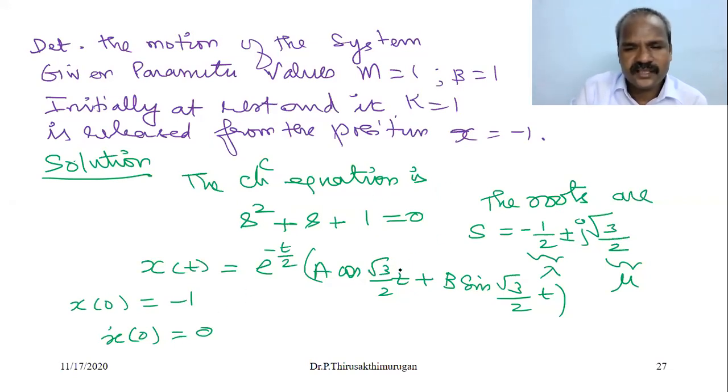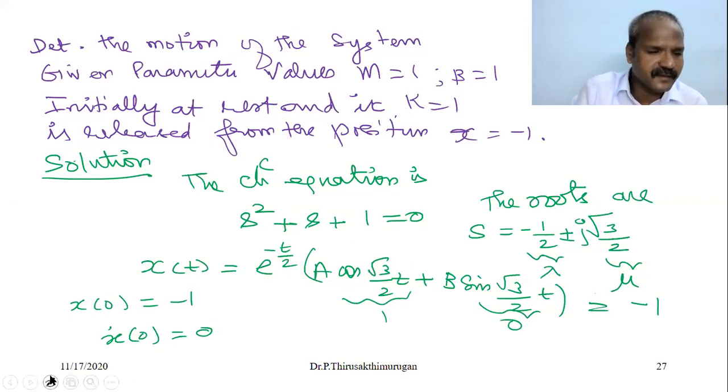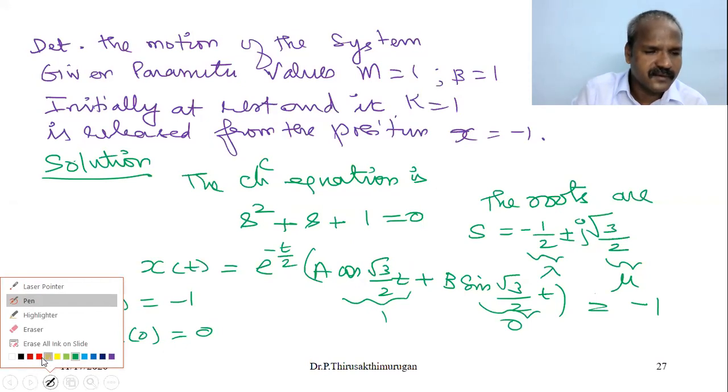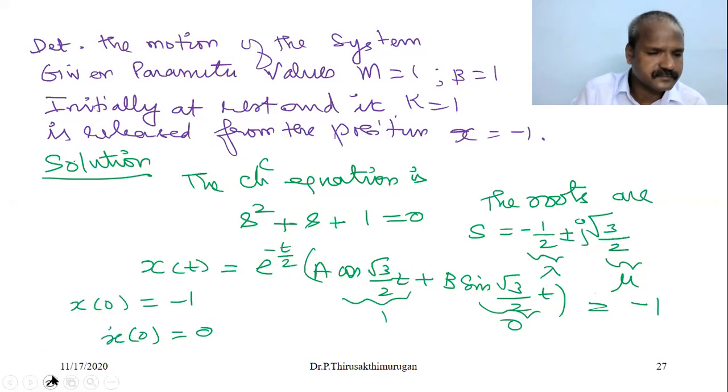So cos 0 is 1, sin 0 is 0. This is equal to -1. So A equal to -1. Very good. A equal to -1.